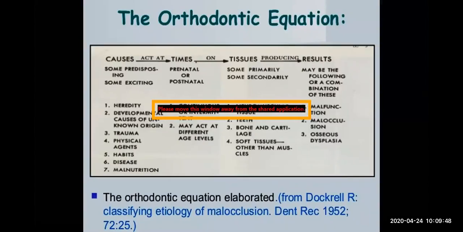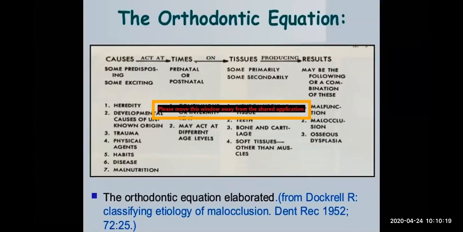That is very, very important. The terminologies are very, very important. Don't change the terminologies. You can see here, the evidence below the slide, from Dockrell's, classifying etiology of malocclusion, in the year 1952. So Moyers has taken this as the guide and prepared the Dockrell's equation.